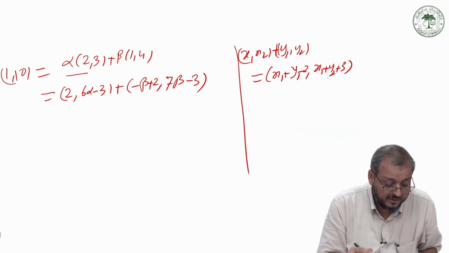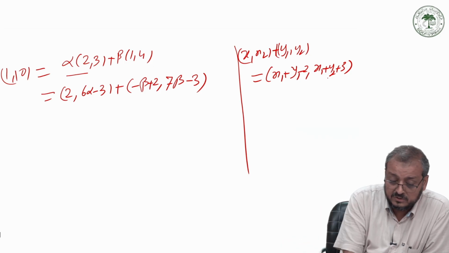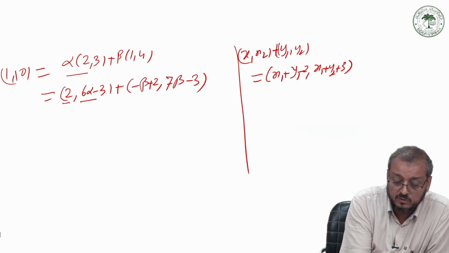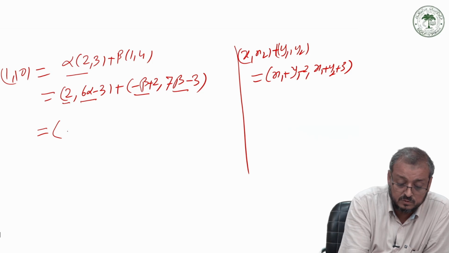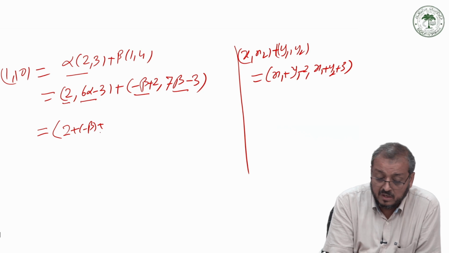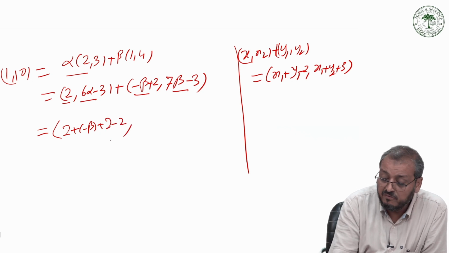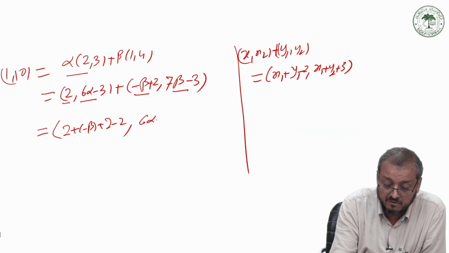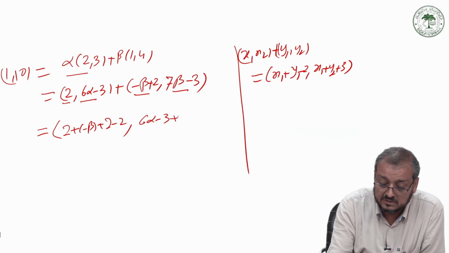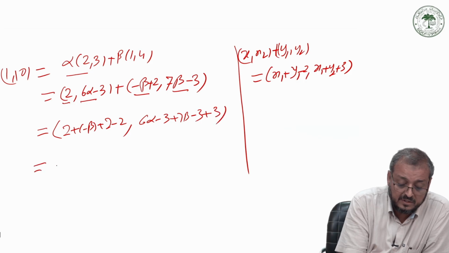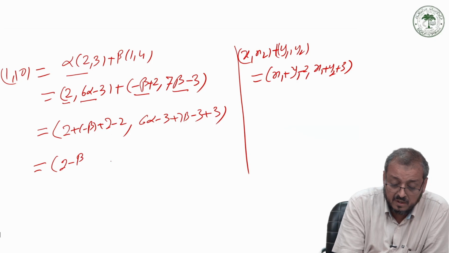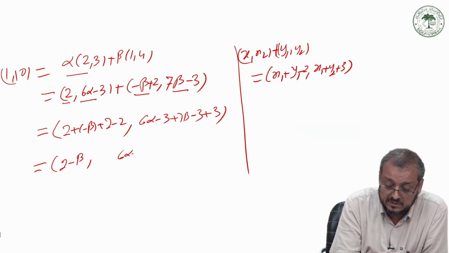So x1 is equal to 2, x2 is equal to 6 alpha minus 3, and y1 and y2 are the other vector's components. This can be written as 2 minus beta, and 6 alpha plus 7 beta minus 3.